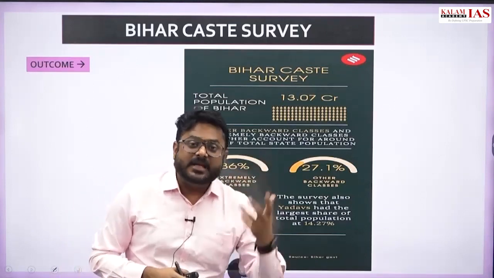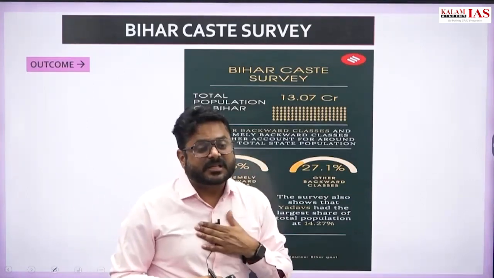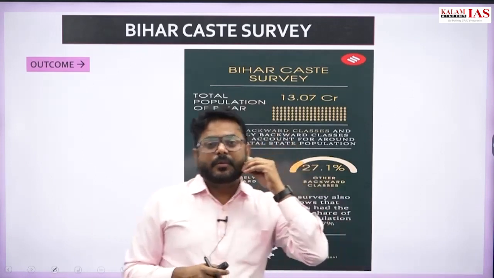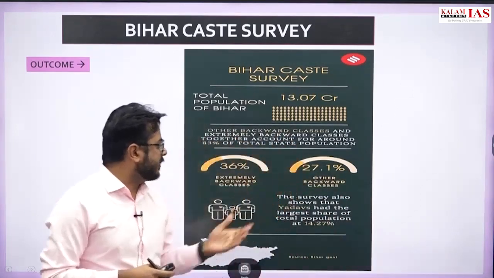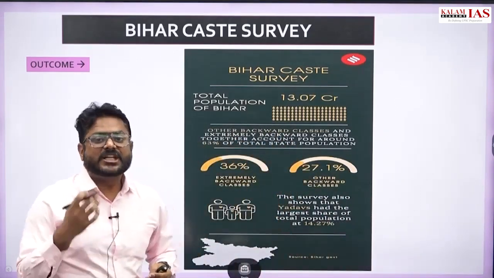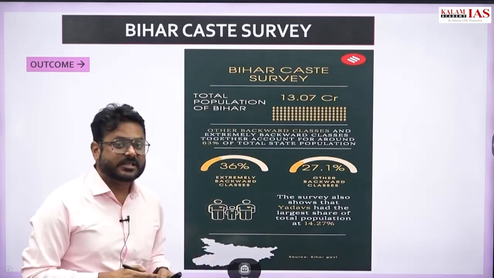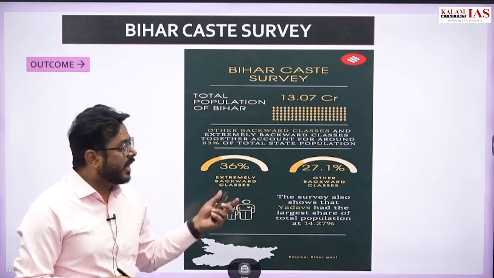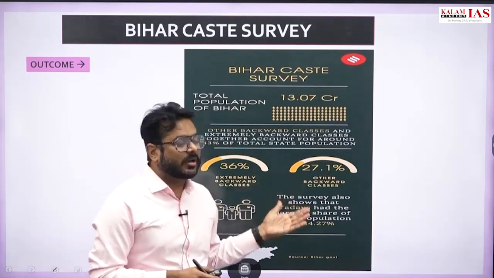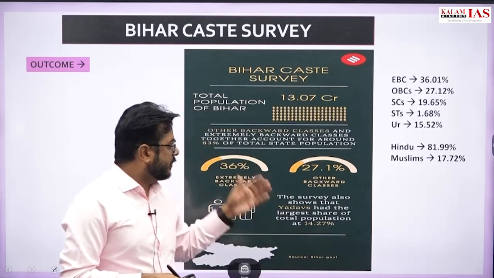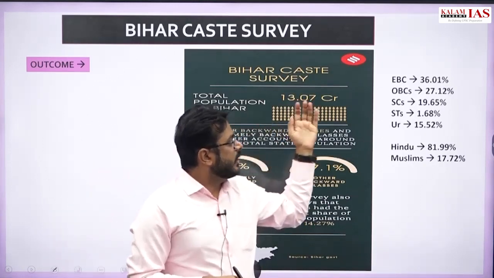And very surprisingly, this caste-based survey has come out with the fact that the highest population in Bihar is of extremely backward classes, and the second highest is of other backward classes.